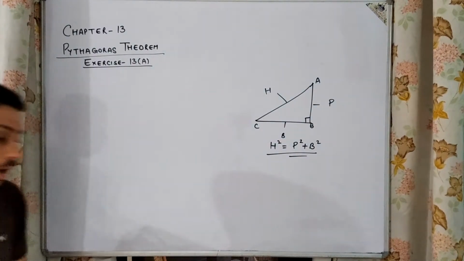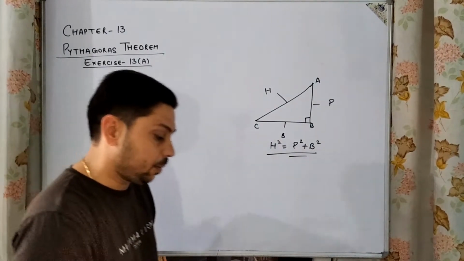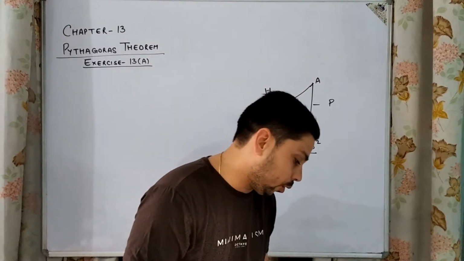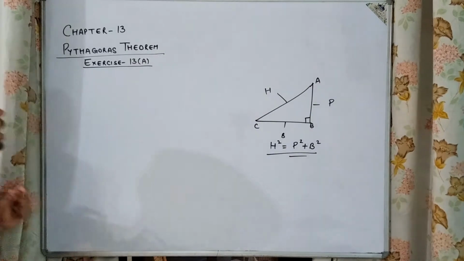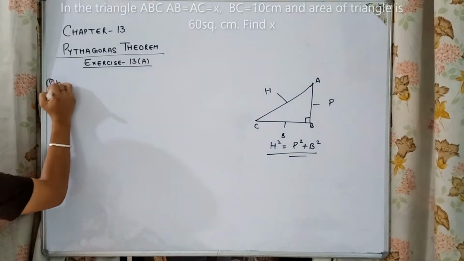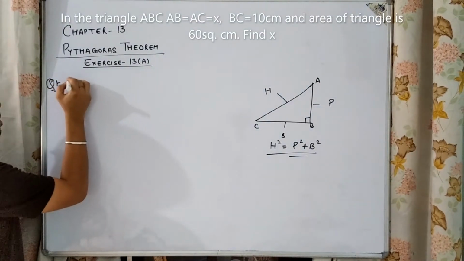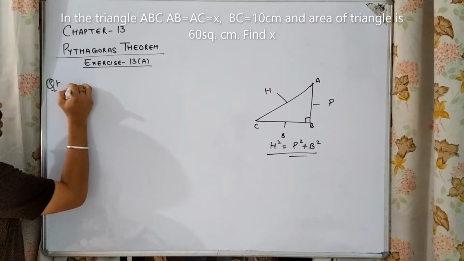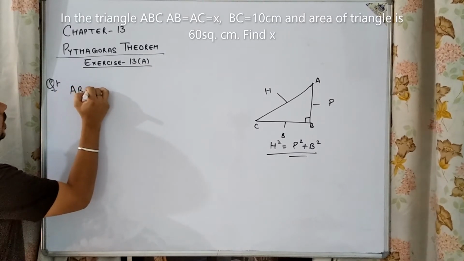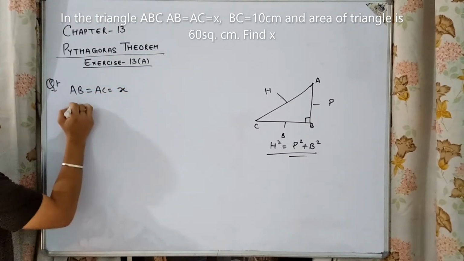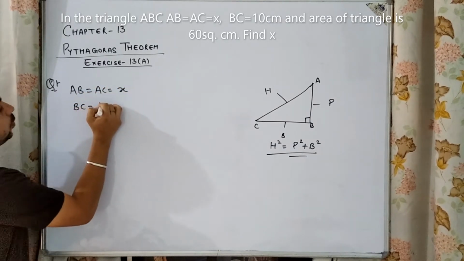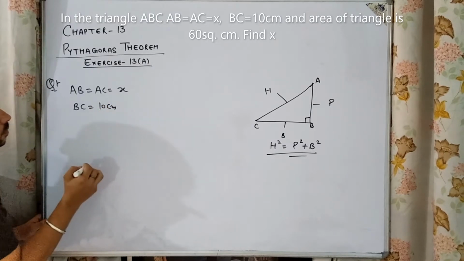Okay, now we'll proceed with question number 9 from your book. In a triangle ABC, AB is equal to AC is equal to x. Also BC is equal to 10 centimeter.